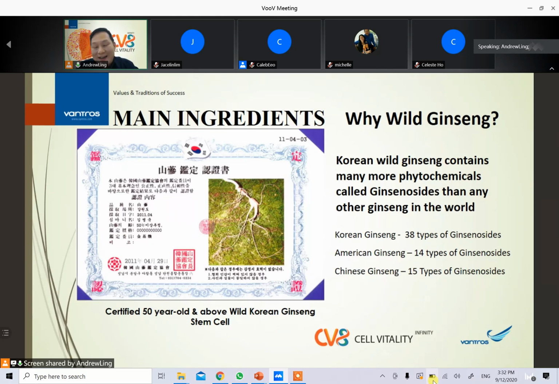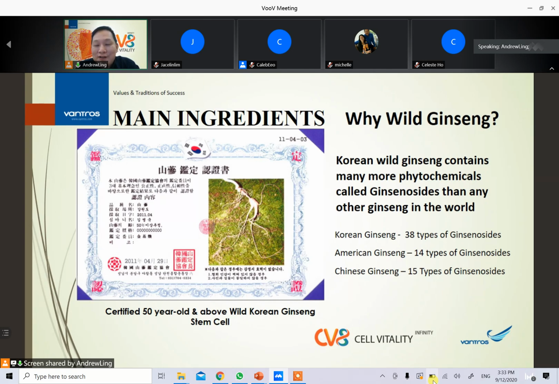Mainly because it is proven that Korean wild ginseng contains the most types of ginsenoside. Ginsenoside is the valuable ingredient found in ginseng, and a lot of them have healing properties. American ginseng only contains about 14 types of ginsenoside, while Chinese ginseng has about 15 types. That is why wild ginseng is very rare.